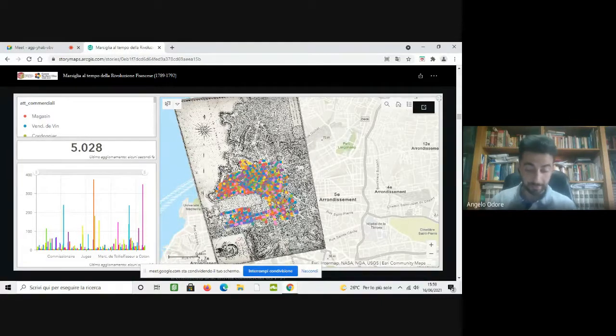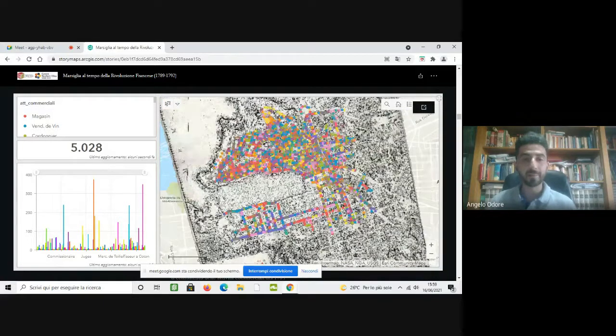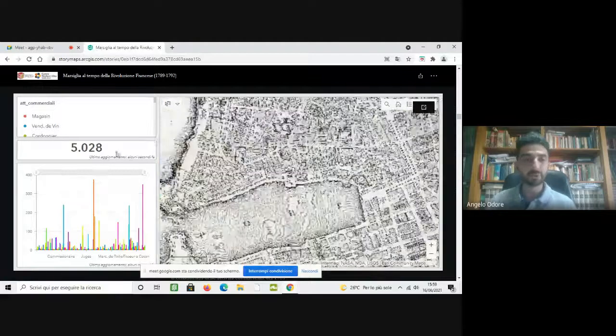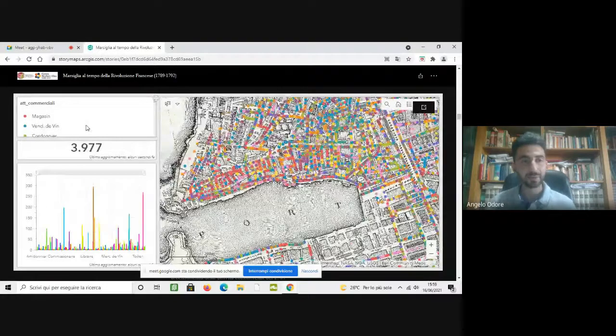We can zoom, and you can see the numbers change. And in the left-hand corner, the type of activities, and in the left-hand corner we also have the statistics.